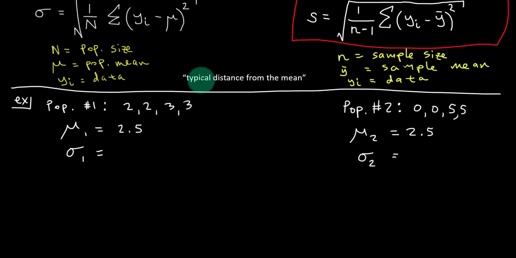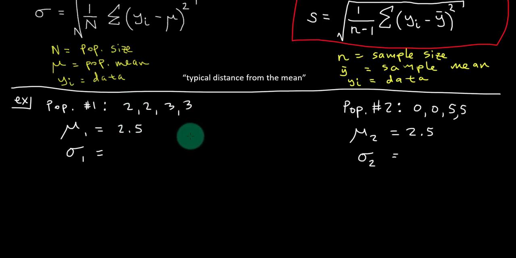Now, I've got my little phrase up here, typical distance from the mean. So what I would like to ask you is, we've got our 4 values here, and I want to consider, well, how far away is 2 from its mean?